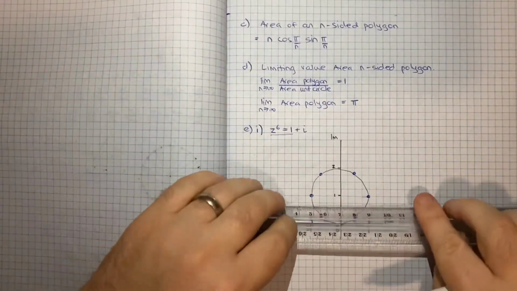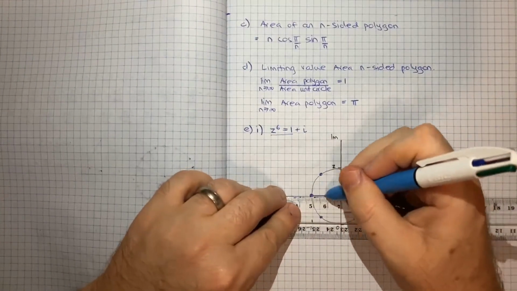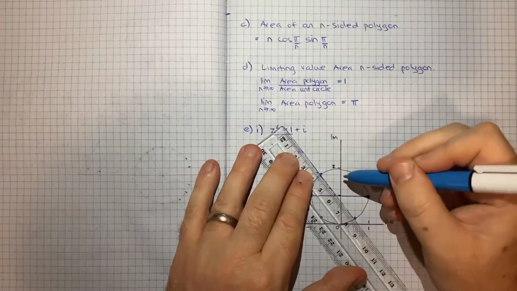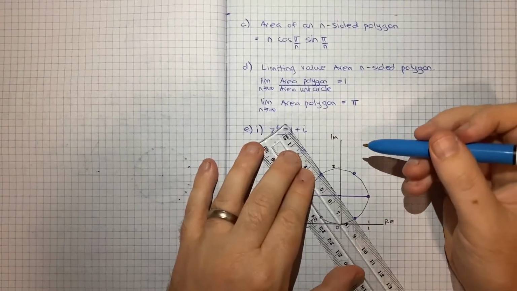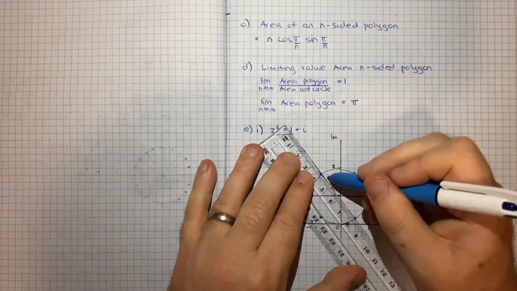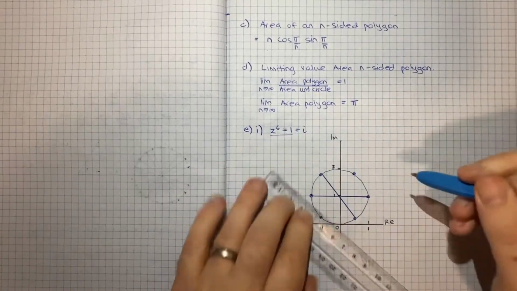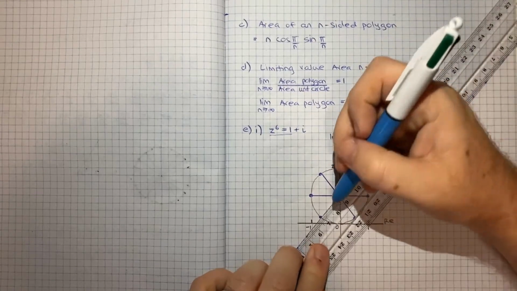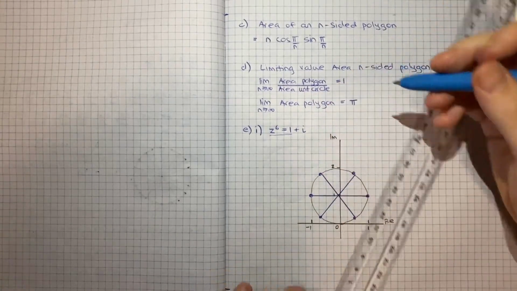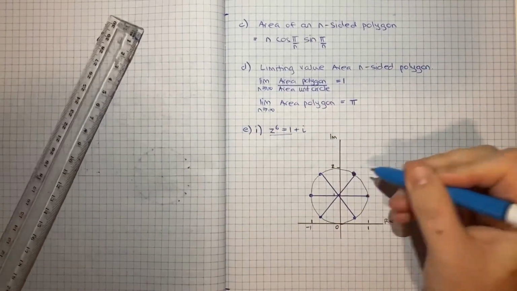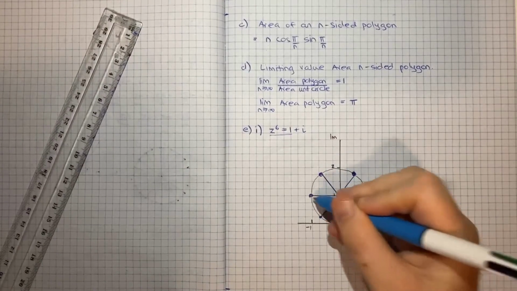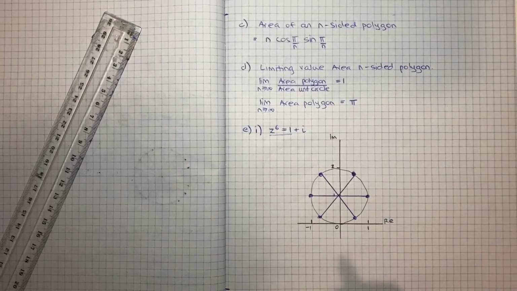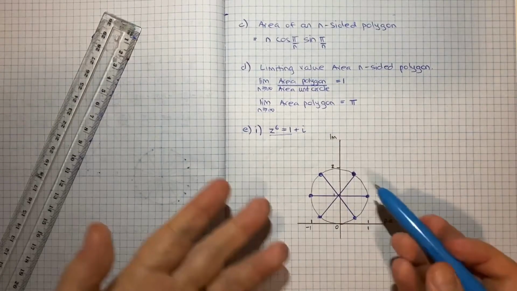I'll connect everything. Now we're cutting through the point 1 here. And again, I haven't drawn this very well, but they should cut through the 1. So there are our points, and that's pretty much this part done.